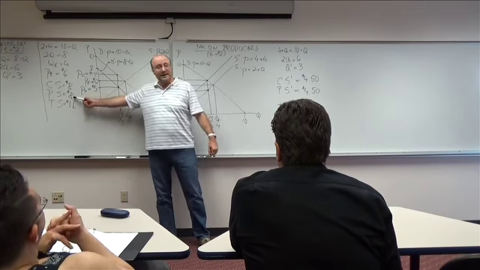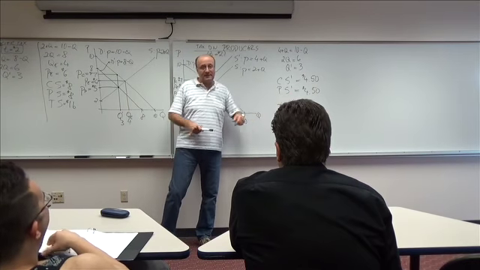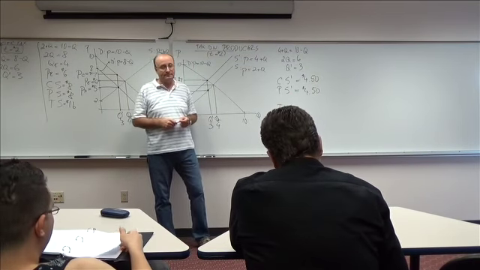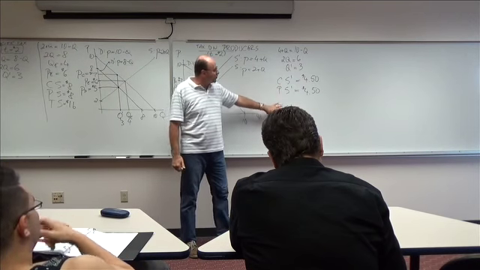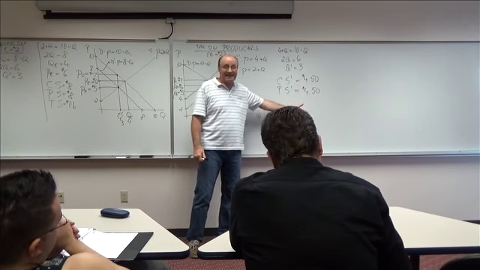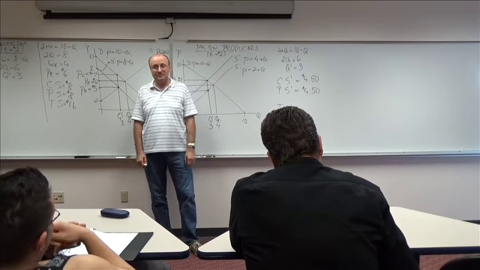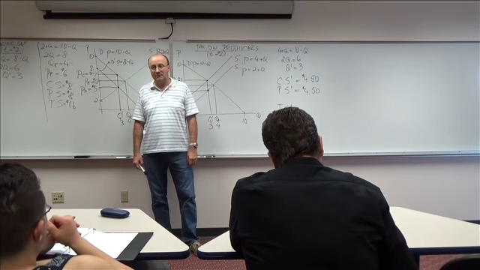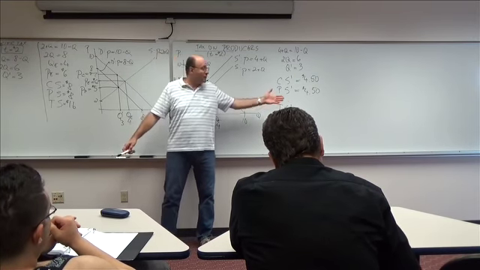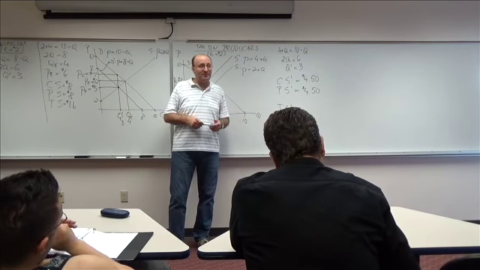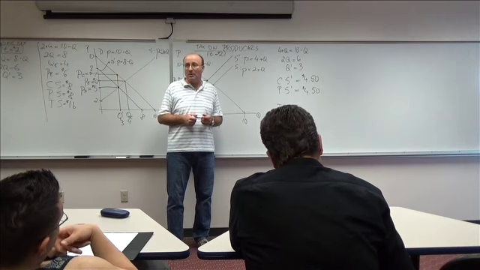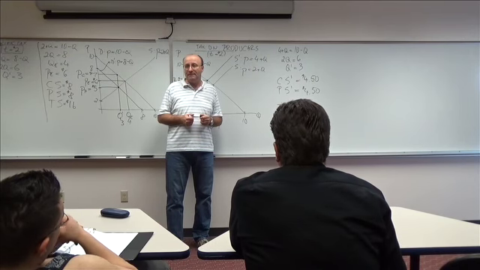Falls from $8 down to $4.50. Does it mean that total surplus after tax is just $9? That would be reduction in total surplus from 16 down to 9. That would be a $7 deadweight loss. Is that what's happening?